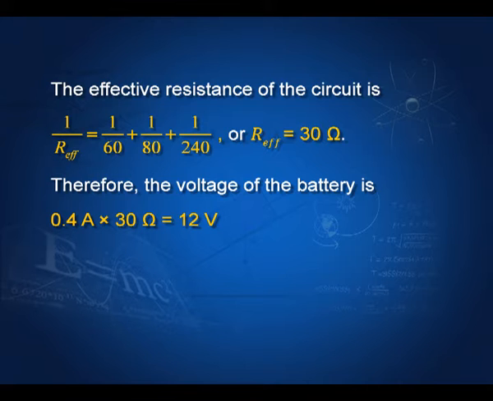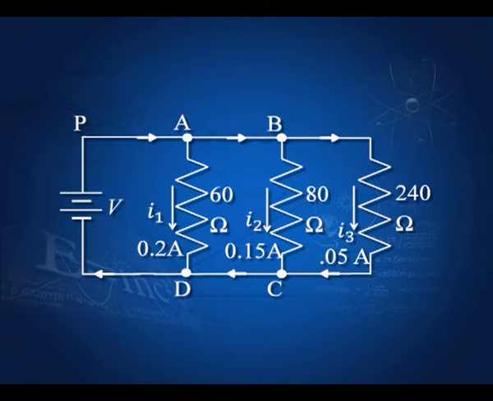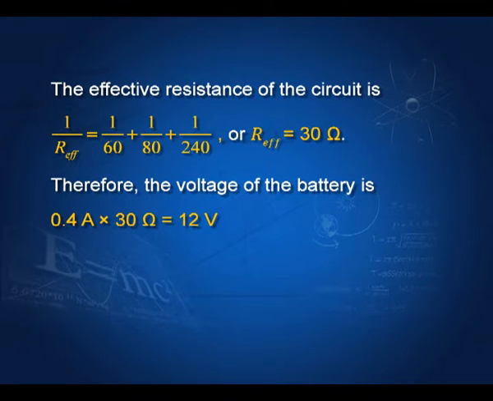The total current here was 0.2, and the 0.2 coming from this is added up. So, this becomes 0.4. So, the total current is 0.4, the effective resistance is 30 ohms, therefore, I times R is 12. So, you get 12 volts.